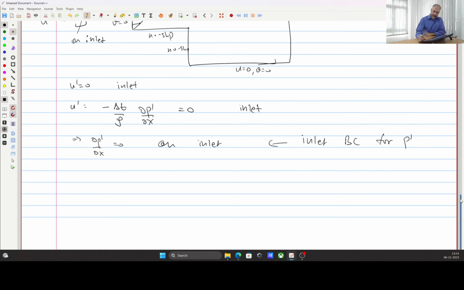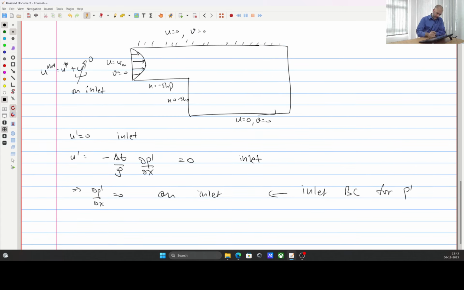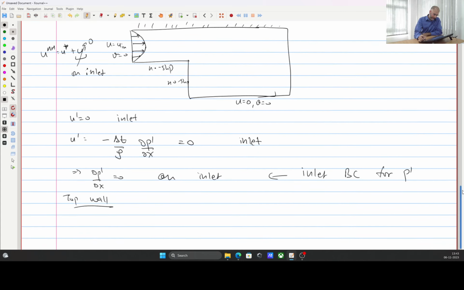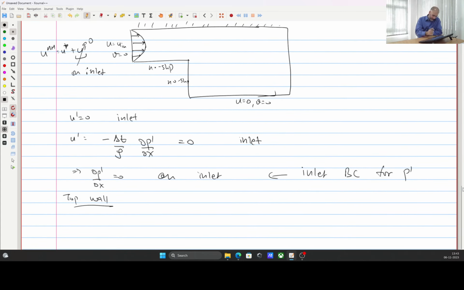What about, let's pick the top wall. What about the pressure correction on the top wall? So let's look at V prime here. V prime is 0, no normal velocity. I'm not even using a no slip condition.